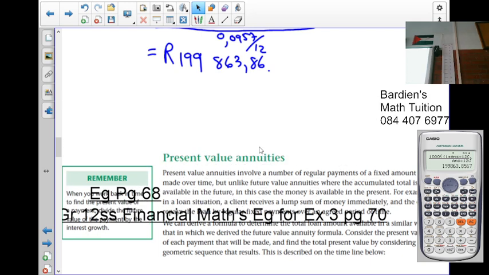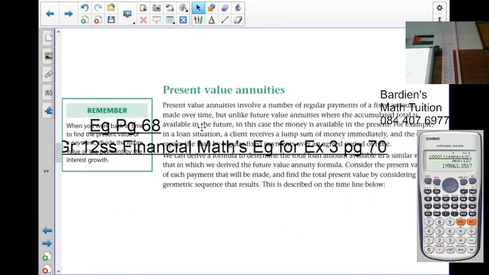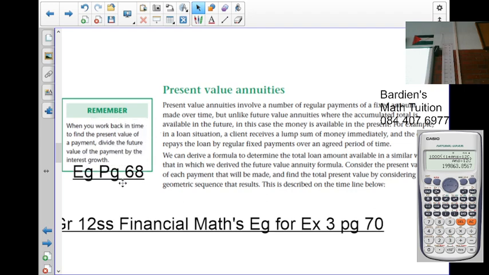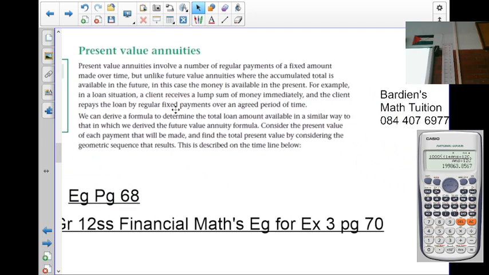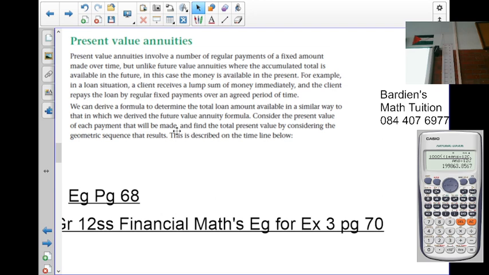So now we're looking at present value annuities. When we're looking at present value annuities, those are cases where you get the money presently. Examples would be when you buy a house, bond repayments, car finance, or you make a loan. In all of those cases we get the money up front, then we must pay the loan off.